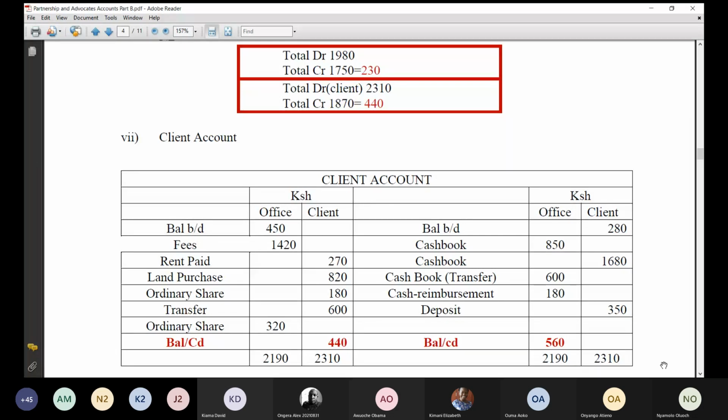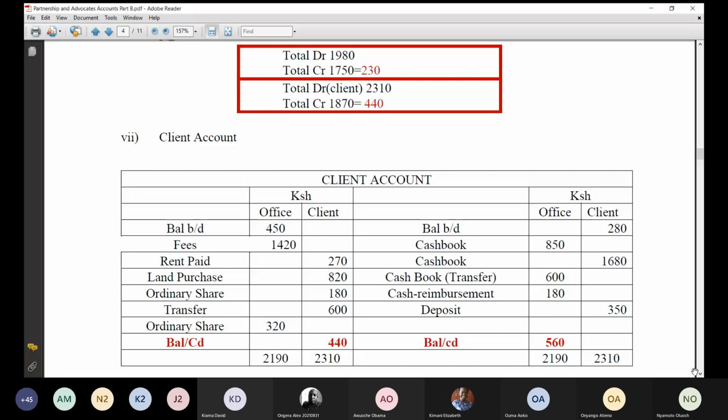The other way of reasoning would be this: what is the effect of the transaction? Does it increase our disbursements or does it reduce our disbursements? Does it increase what we owe to the clients, or does it reduce what we owe to the clients?